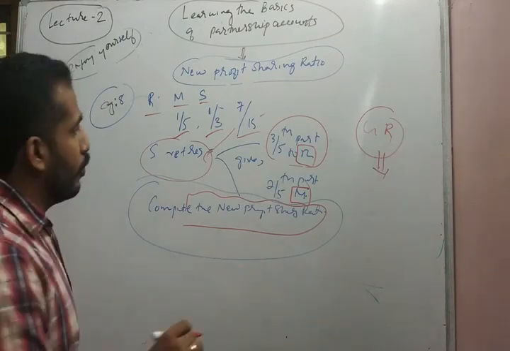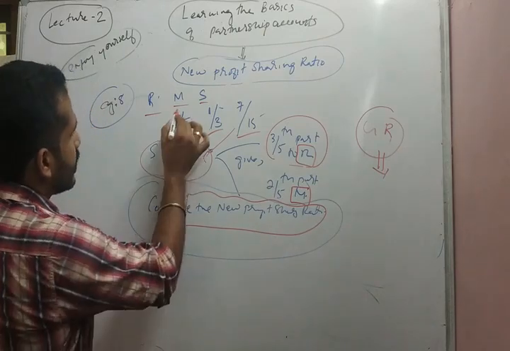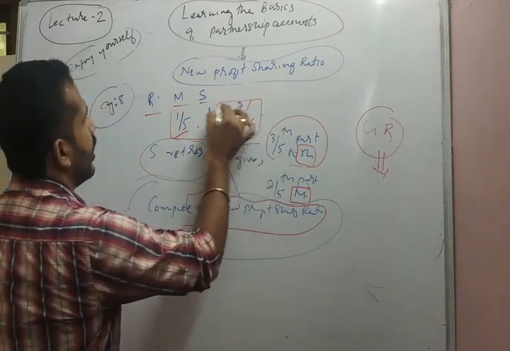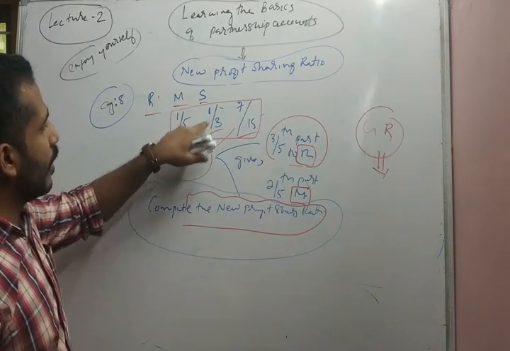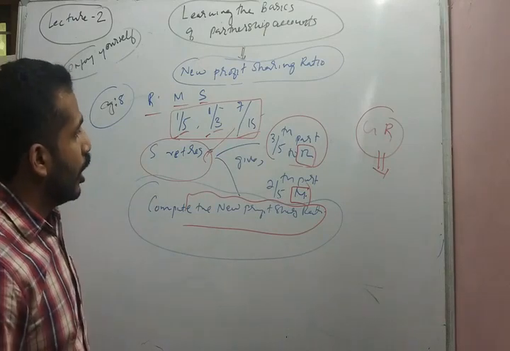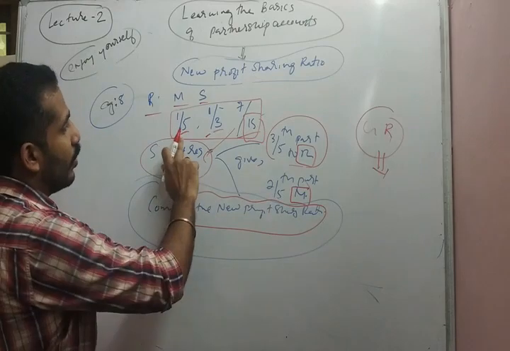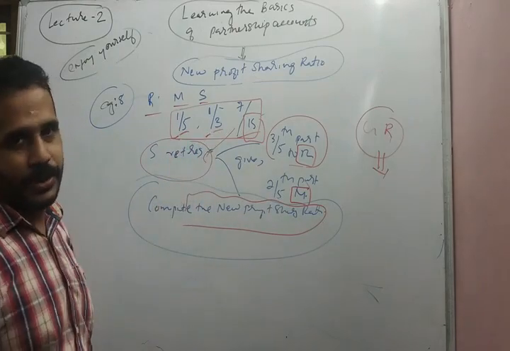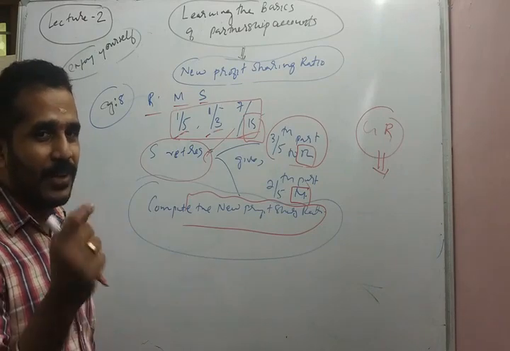First of all, before moving to the solution of the problem, let us arrange this ratio in a meaningful order: 1/5, 1/3, 7/15. Taking the base as 15, convert the 5 and 3 into 15. To convert 5 into 15, use the figure 3.